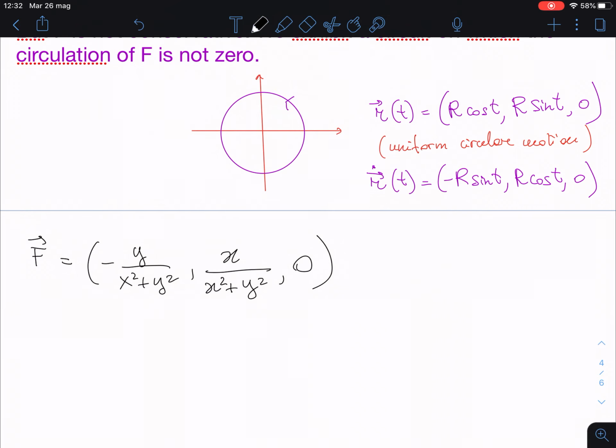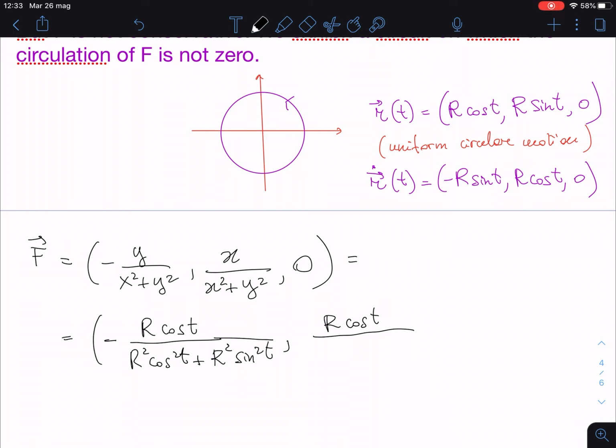So this is f, and this is equal to minus R cosine of t, over R squared cos squared of t plus R squared sine squared of t, and here R cosine of t over R squared cos squared of t plus R squared sine squared of t, 0.